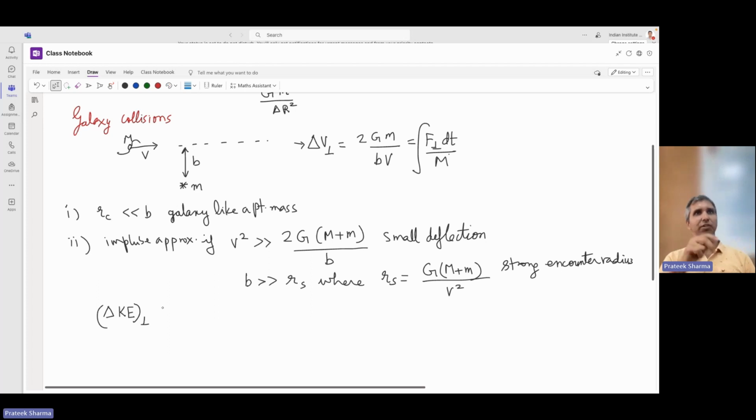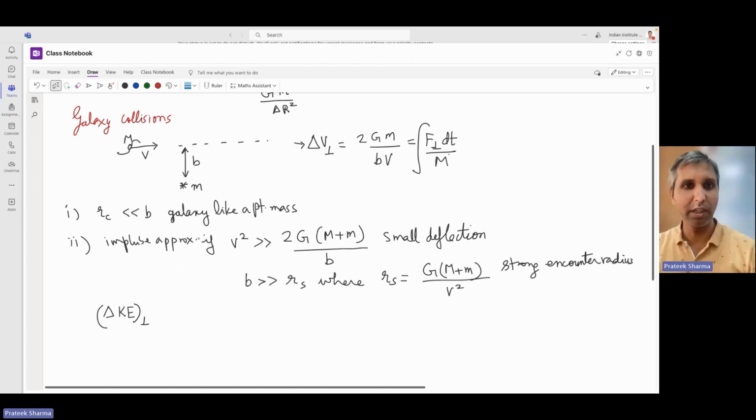Initially you have this galaxy moving with V, so there is no perpendicular kinetic energy in that state. After the collision, the galaxy gains a little bit of V perp. Also, the star gains quite a lot of V perp. So what is the change? This perpendicular kinetic energy comes at the expense of the kinetic energy in the parallel direction.